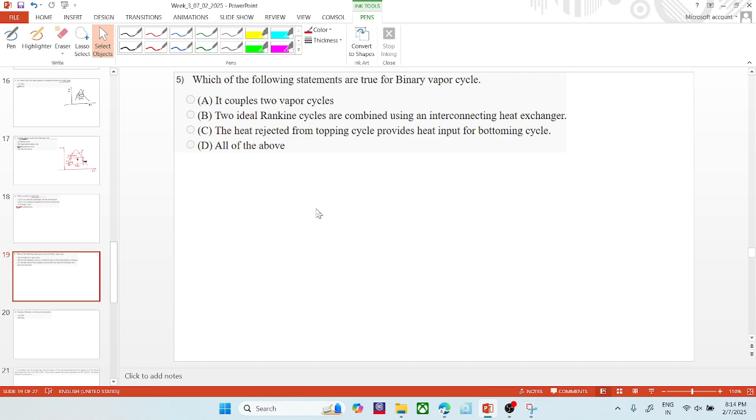Next problem, which of the following statements are true for a binary vapor cycle? In the binary vapor cycle, basically we use two cycles, the high pressure and the low pressure cycles. If I am having that figure here, I will show you. So here I'll try to draw the binary cycle.